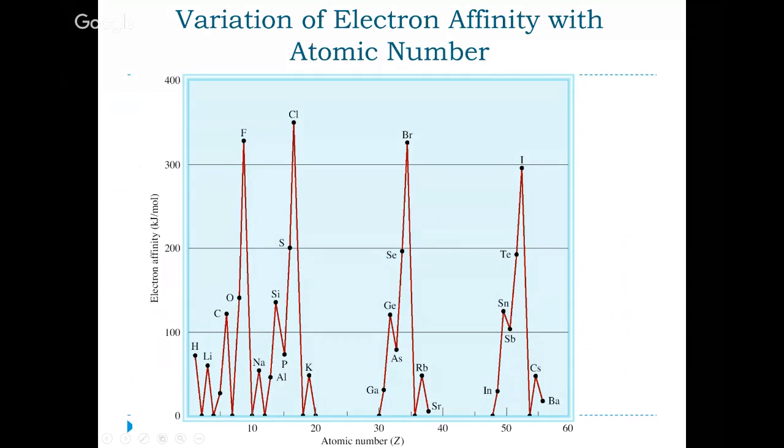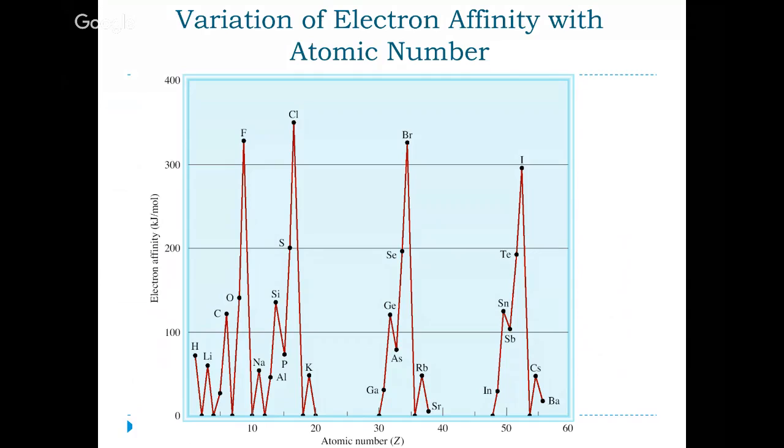And then we notice that both group 2 metals and noble gases have a positive electron affinity, because you're trying to force electrons onto something that already has filled shells, like the noble gases, or filled subshells, like group 2 metals.